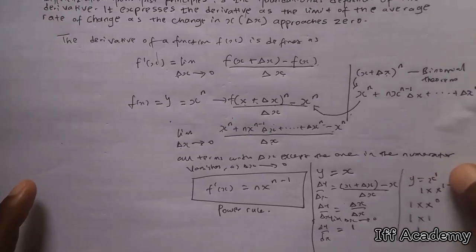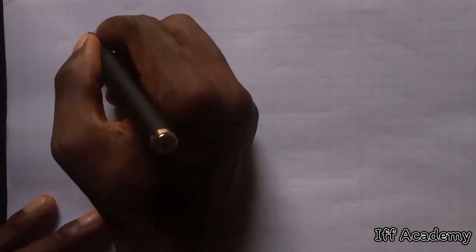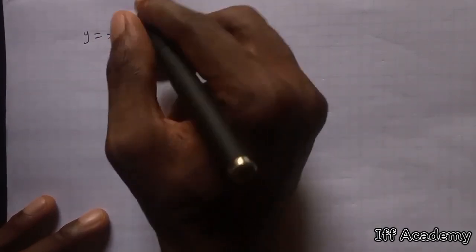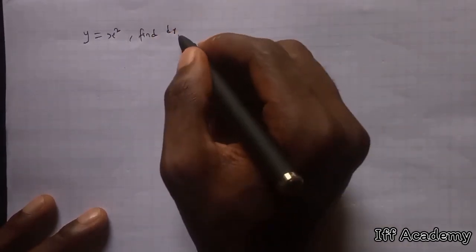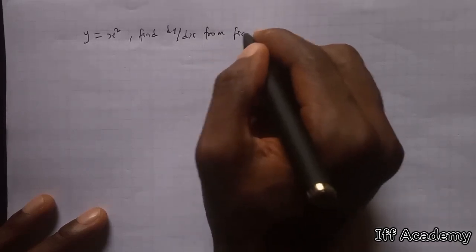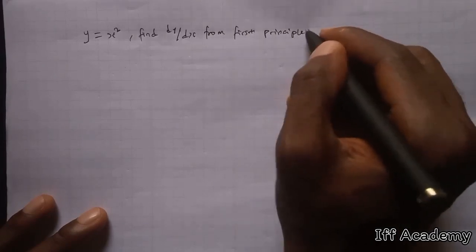So now let's look at other examples. If I have y equals x squared, find dy over dx from first principles.